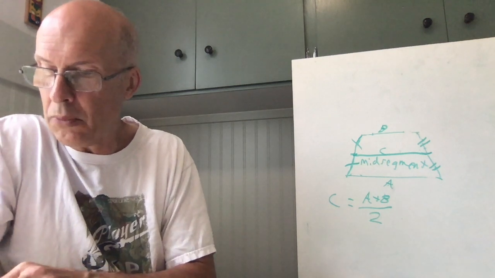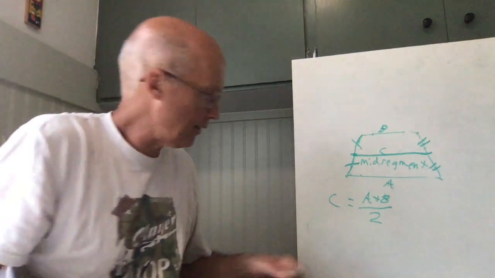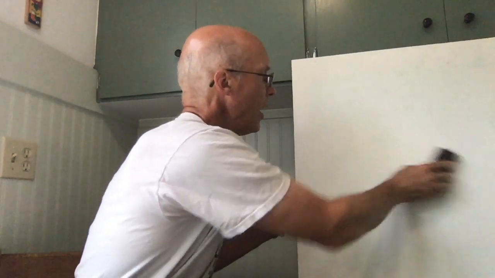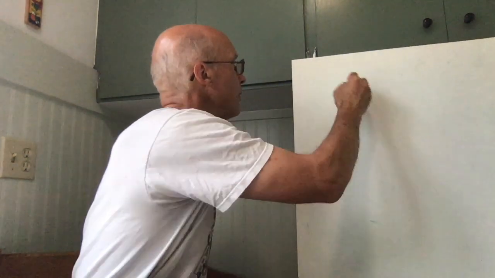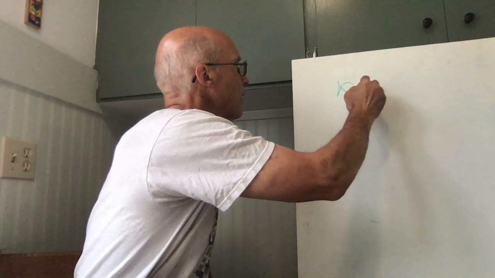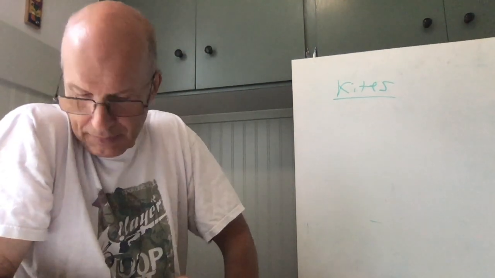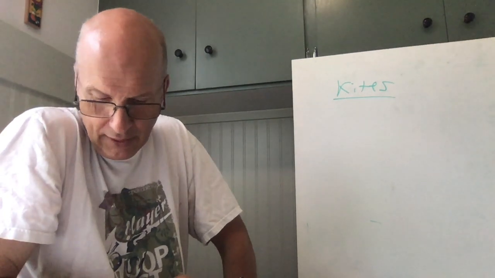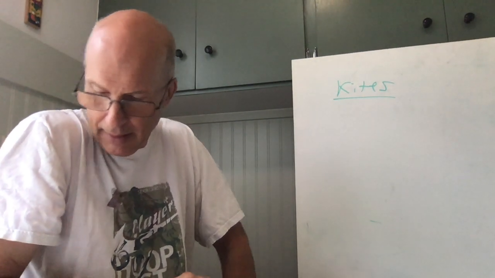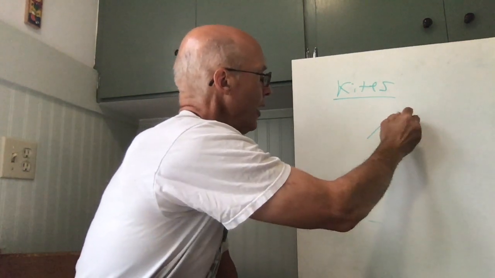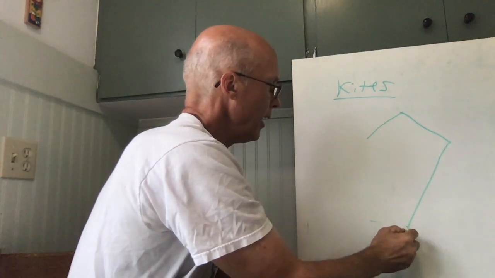Lastly, there's two more, and these have to do with kites. So these were all trapezoids. A kite. A kite is a little different one, but it's got, so let me draw it. Think of what a kite kind of looks like.